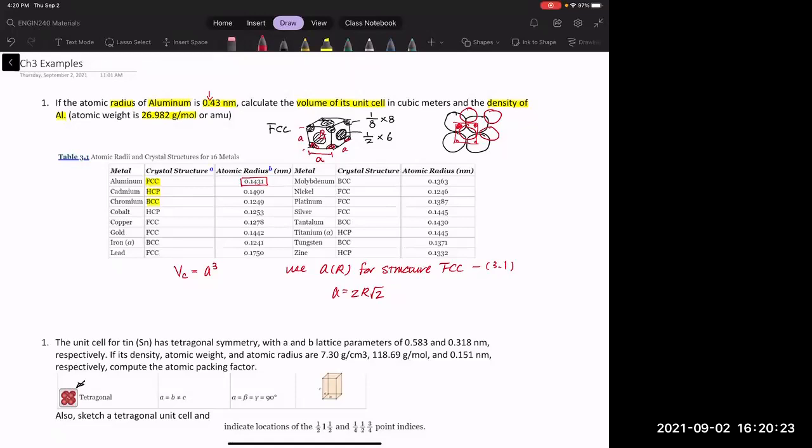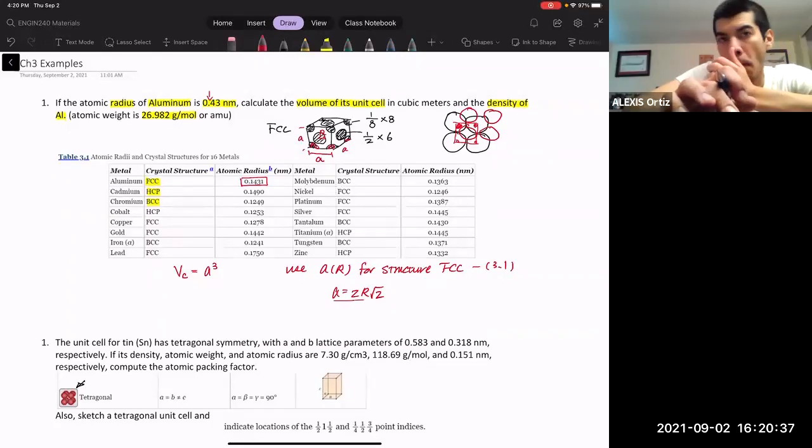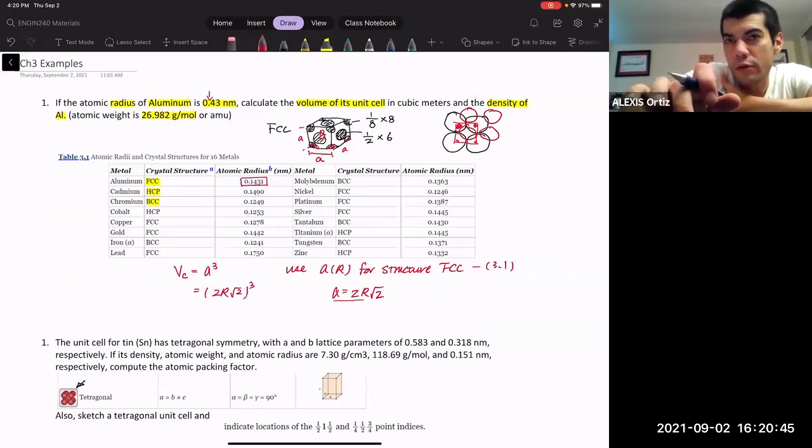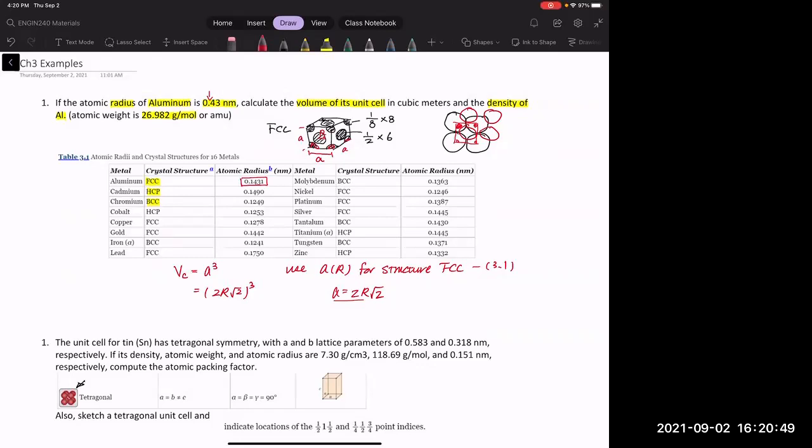You're going to explore that tomorrow, so I'm not going to repeat it here, but you'll find out where it comes from. I just want to show you how to do this homework. So I got A in terms of R because I only know R. Is this 2R square root 2? It's 2R square root of 2.